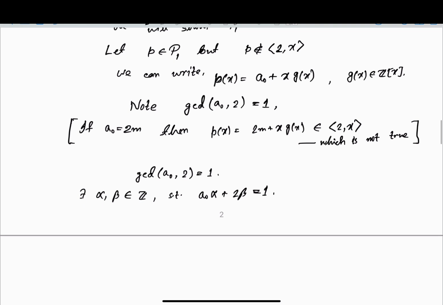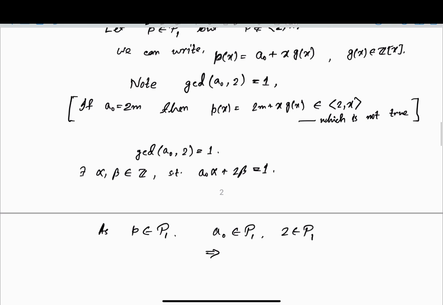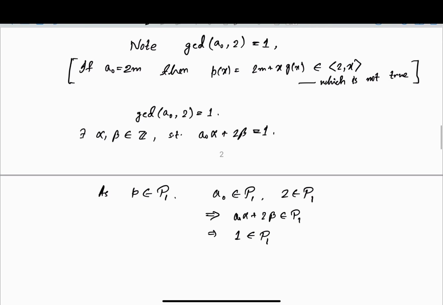So a naught is in this prime ideal P1, and 2 is also in P1, right? So what will happen if a naught and 2 belong to P1, which implies a naught alpha plus 2 beta belongs to P1, which implies the identity element belongs to P1, and P1 is an ideal.